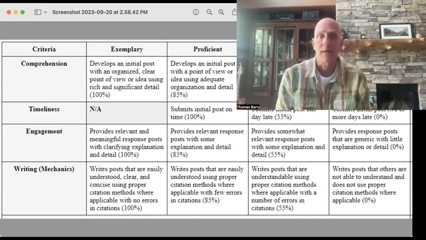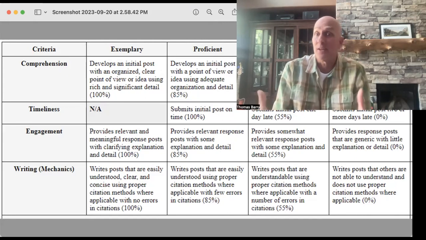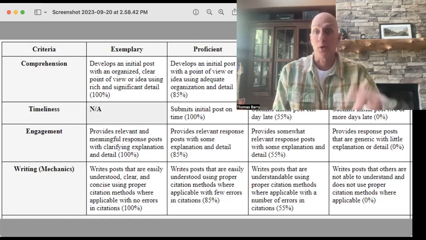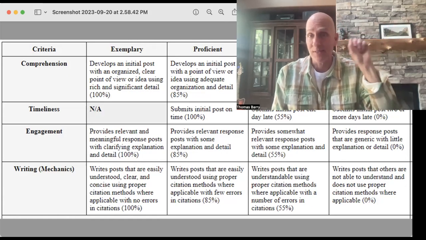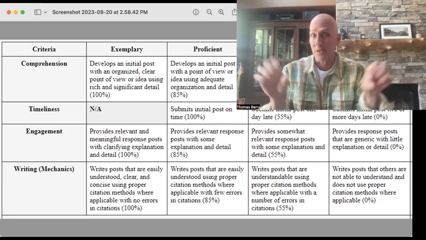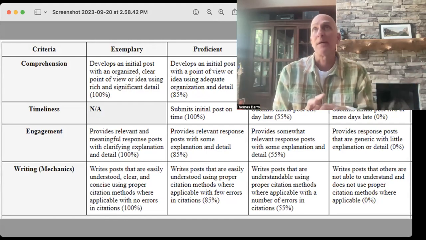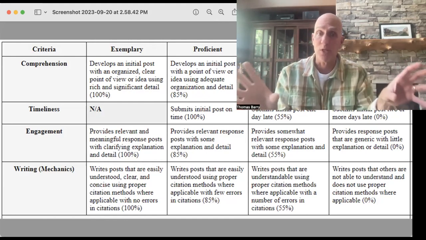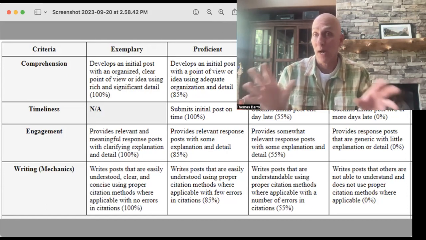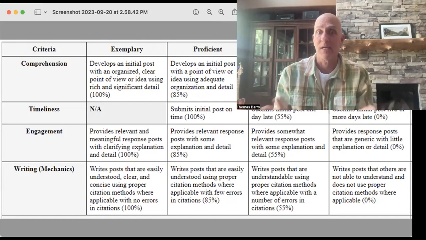It should be written in a way that communicates, that's easy to understand, decipher, clear, concise, and all that kind of good stuff. So: depth of information, comprehension, and understanding of information; responses adding to the discussion, making additional applications, following up with a question. And then finally, the general writing style is easy to understand, organized, clear, and those kinds of components.